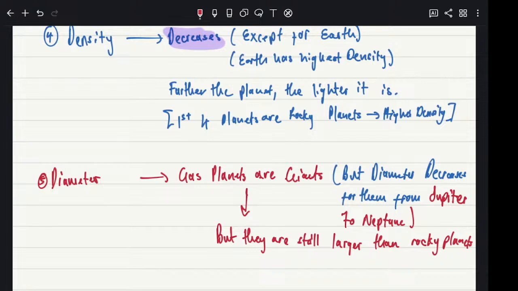But when you go to the outer planets, you find that they will be very large, and of course they will also be cool, but they will be gaseous. You find light gases there. You find helium there. You find methane there. You find hydrogen there.